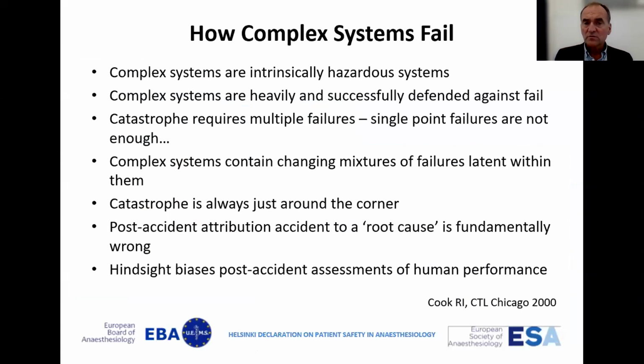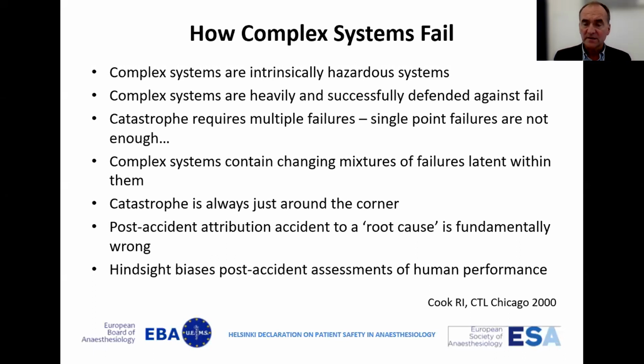And we know about how complex systems fail, because on one hand, they are intrinsically hazardous systems, but they are heavily and successfully defended against failure. But catastrophe is lurking just around the corner. And one of the challenges is that this risk will develop all the time.